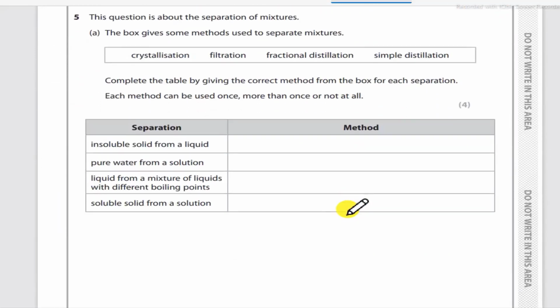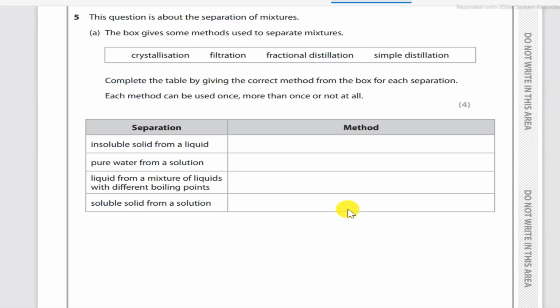Now question number 5. This question is about separation of mixture. The box gives some methods used to separate mixtures: crystallization, filtration, fractional distillation, simple distillation. Complete the table by giving the correct method from the box for each separation.